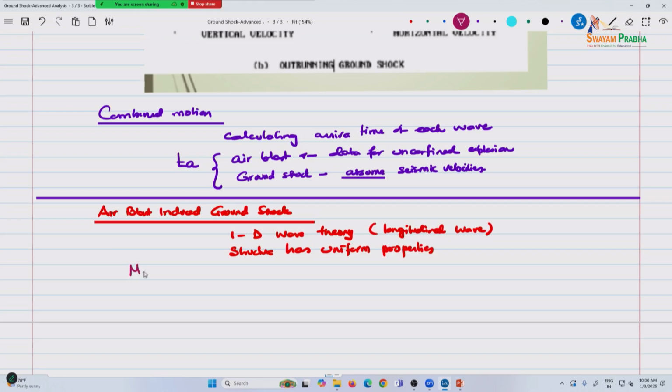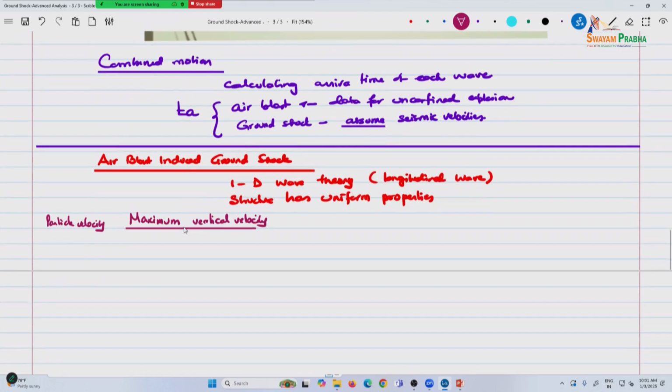the maximum vertical velocity is given as, this is the particle velocity. So, this is given using the following expression. It is Vv is equal to Pso divided by rho multiplied by Cp.